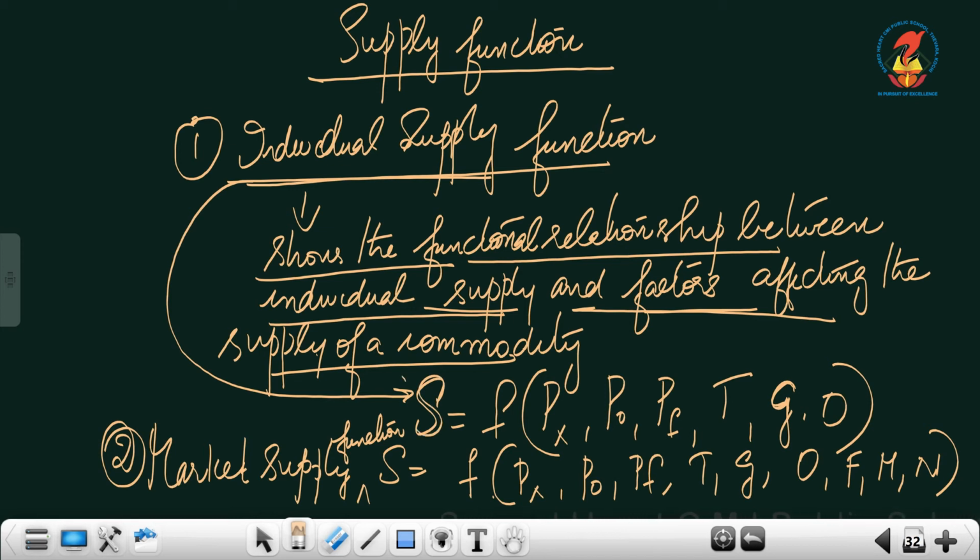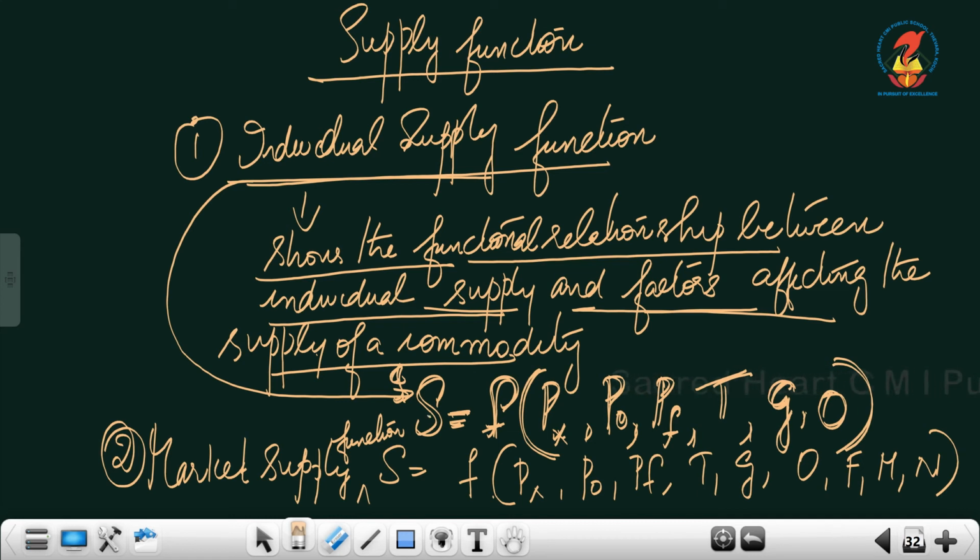IS, individual supply, is equal to F of PX, price of the commodity, PO, prices of other commodities. Just remember the example which I gave you for wheat and rice. Then PF, prices of factors of production, raw materials, T, technology, G, government policies, tax and subsidies, O, objectives.